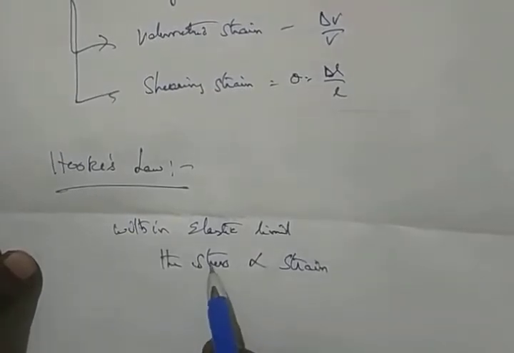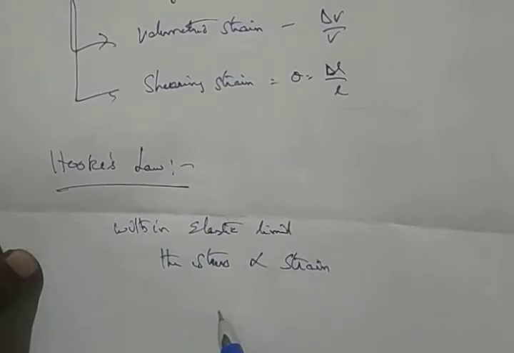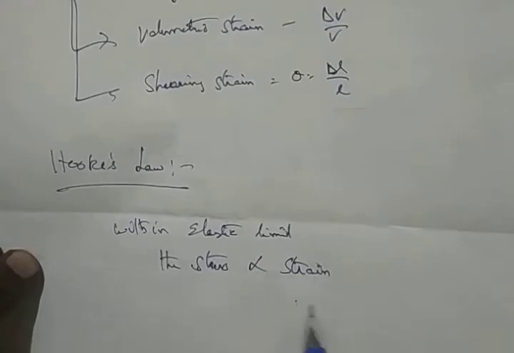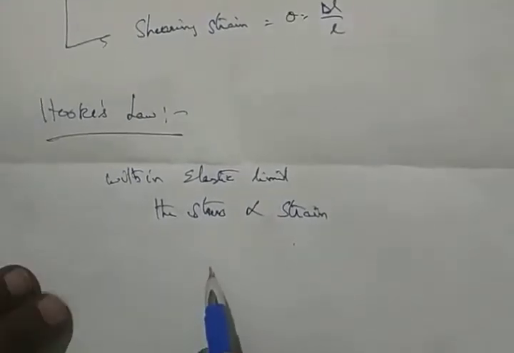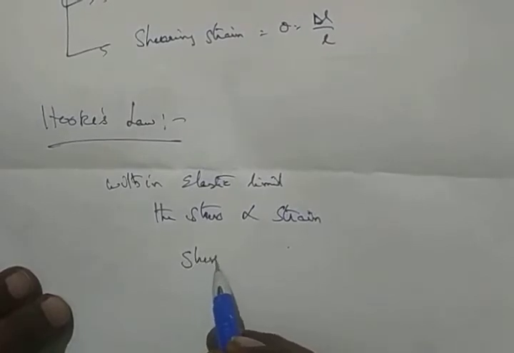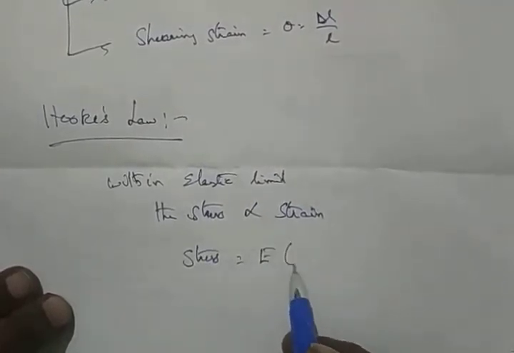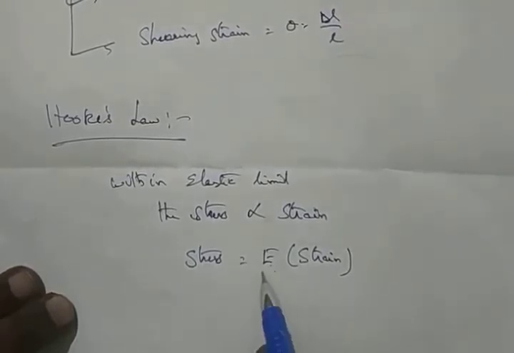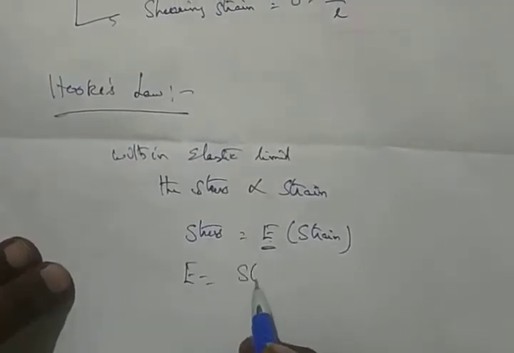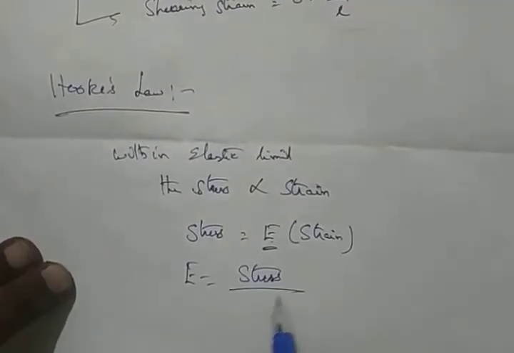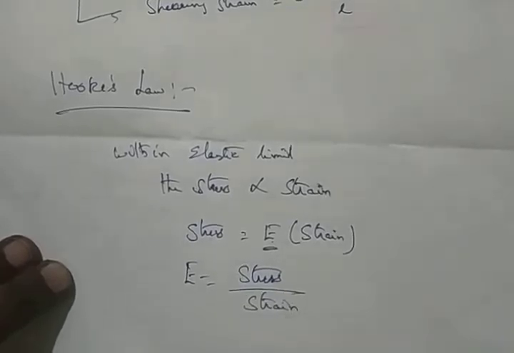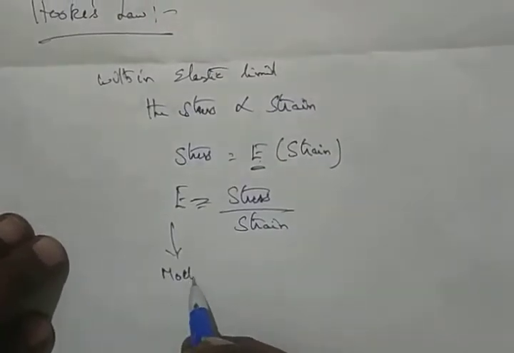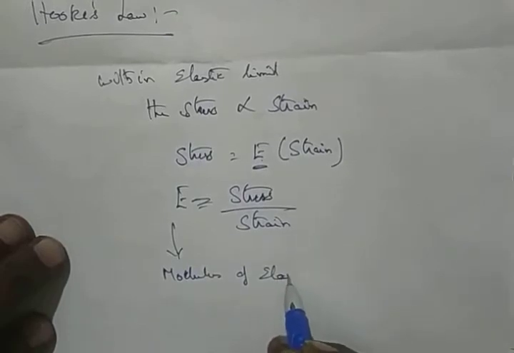You give stress because of the external force, and the stress given to the body is directly proportional to the strain developed on the body. Please write down: within elastic limit, the stress is directly proportional to the strain. So stress is equal to E times strain, where E is the proportionality constant. So E is going to be stress upon strain. What is E? E is called modulus of elasticity.